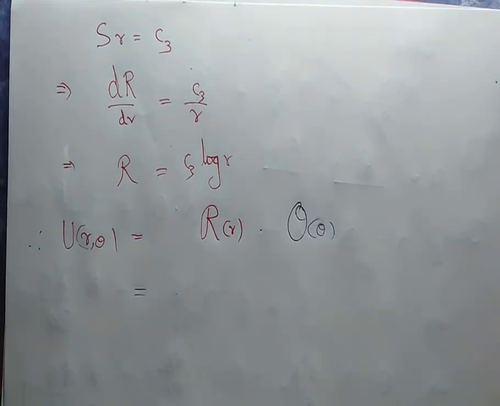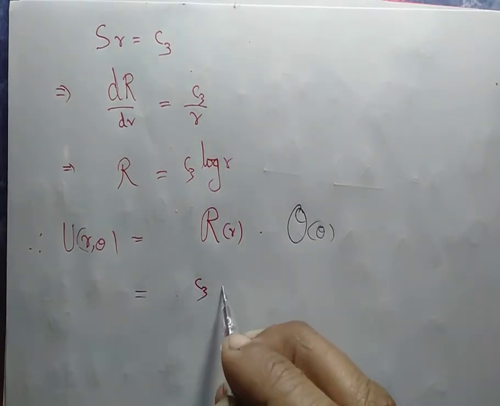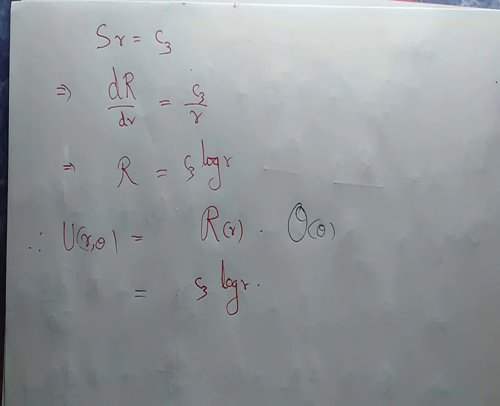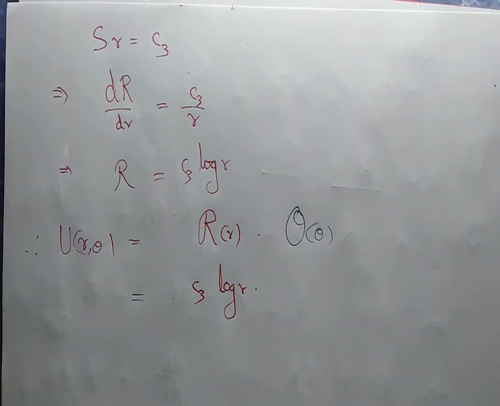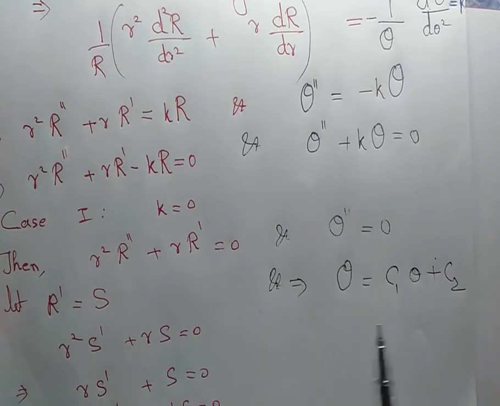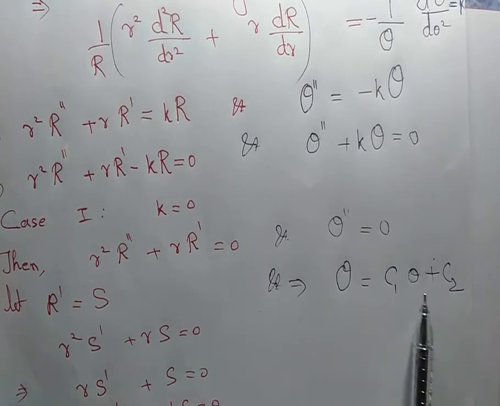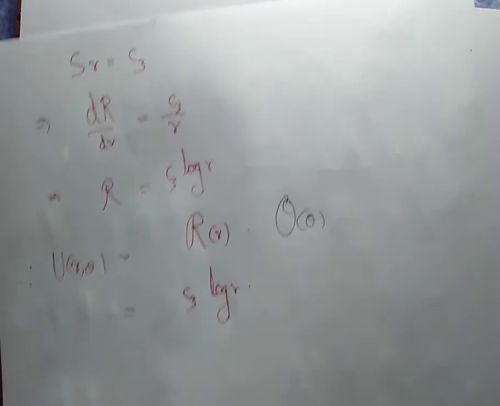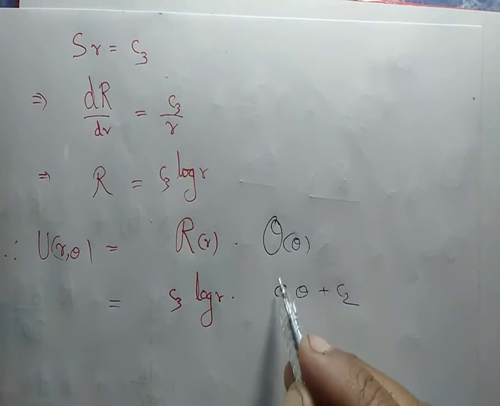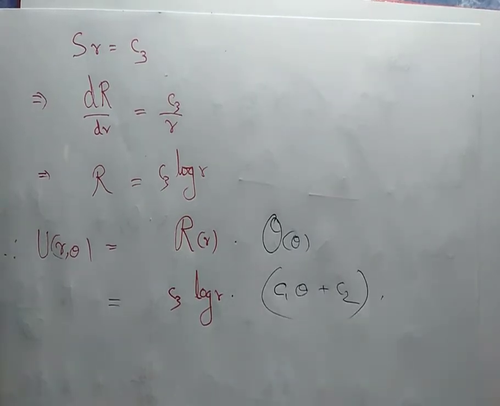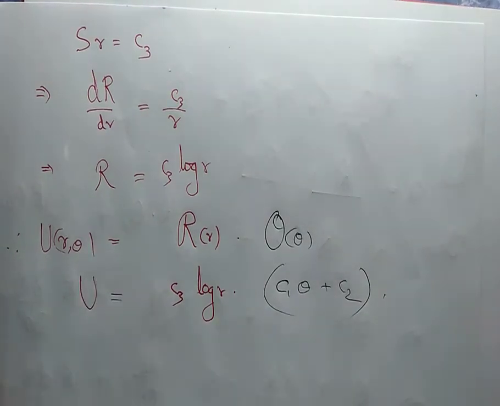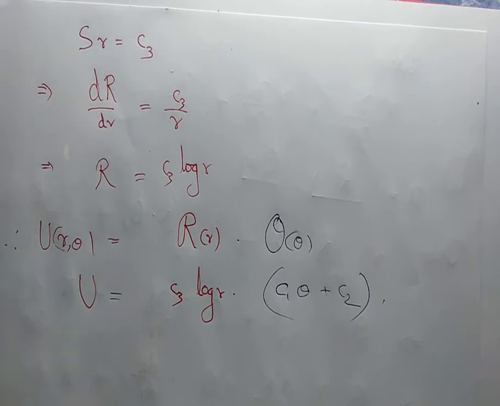So that's equal to c3 log r into whatever capital theta was, c1 into small theta plus c2. Bingo, that's the general solution when your k equal to 0.